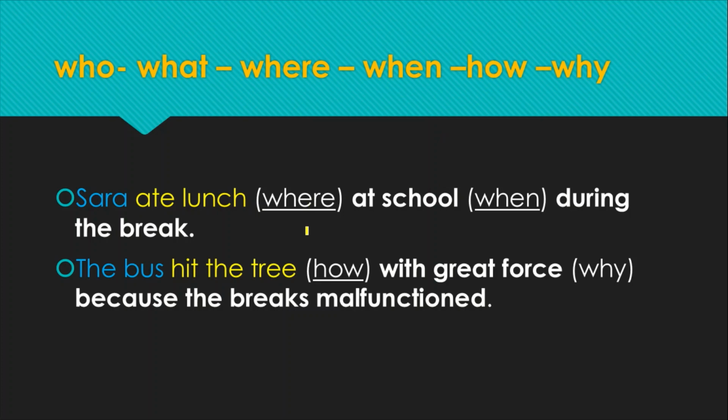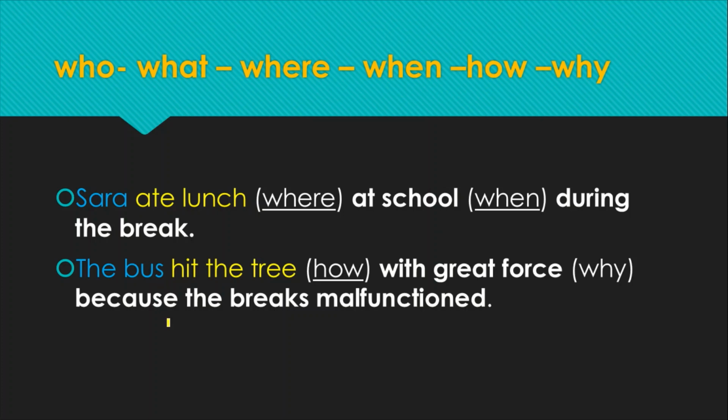We cannot say Sarah ate lunch during the break at school. Right, it makes sense. However, it's not a correct and complete sentence grammatically. So first, we must start with the where, and then we move to the when. So we say Sarah ate lunch at school during the break.